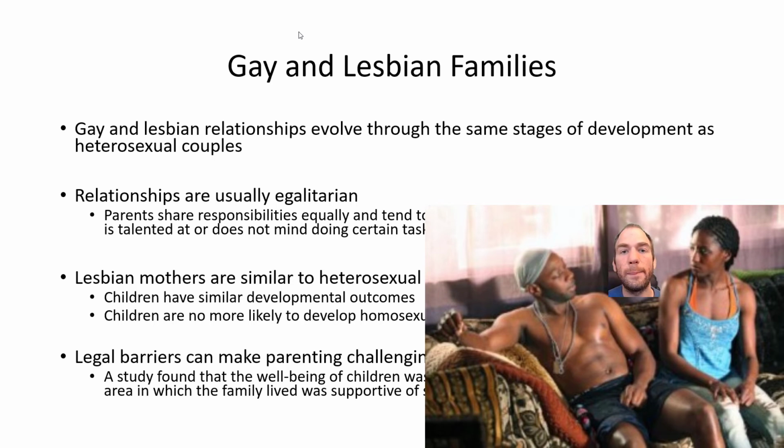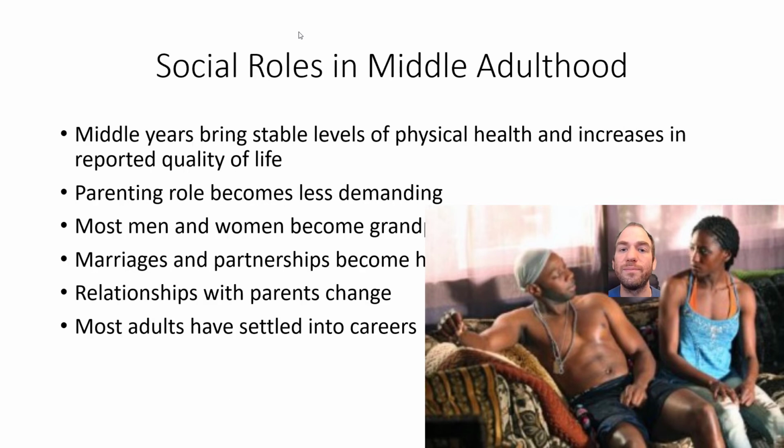And importantly, studies have found that the well-being of children was associated with the social climate and support of sexual minorities within a country, community, or state. So living in areas with more disenfranchising laws targeting gay and lesbian families or trans children contributes to a decrease in well-being in the children of those households.